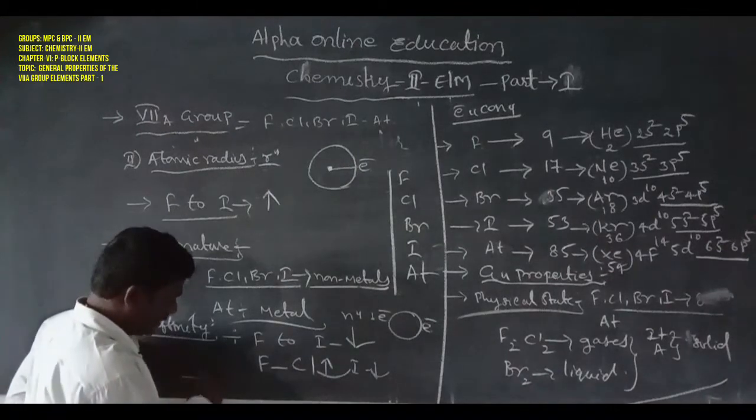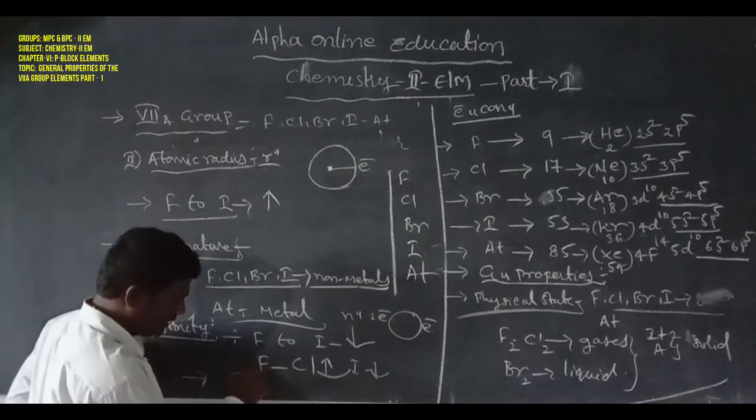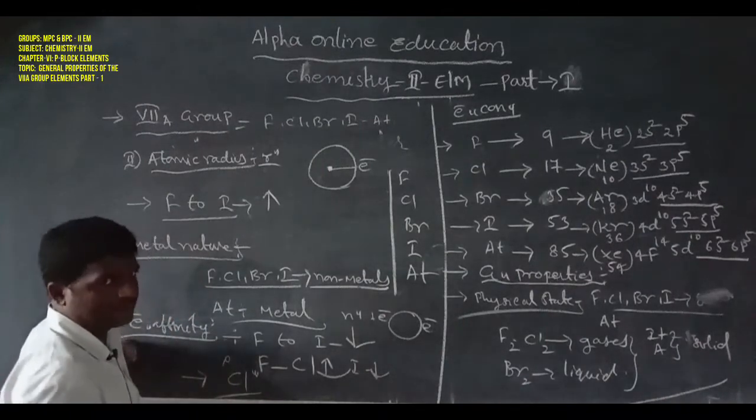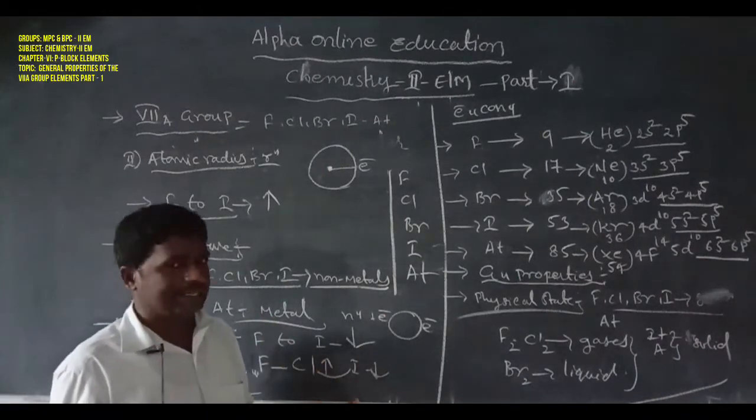In the modern periodic table, chlorine has the highest electron affinity.